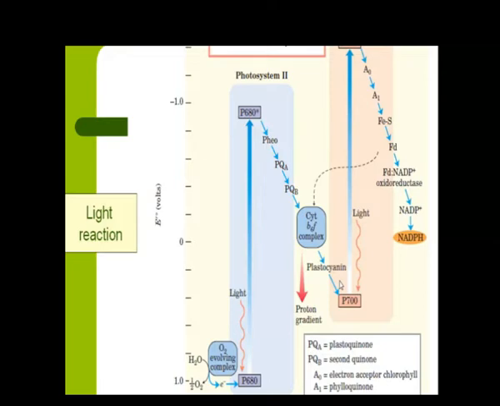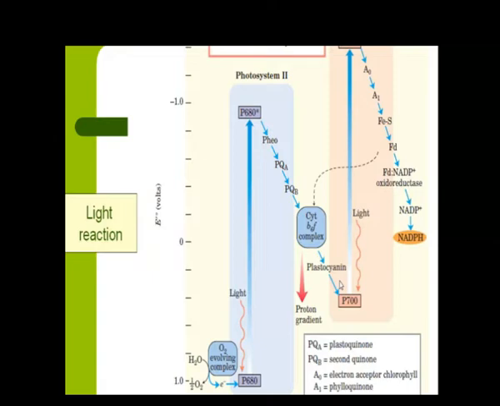When PS1 gets the photons, the light energy, it gets excited. A0 and A1 are nothing but slight modifications of chlorophyll molecules. From there, the electron goes to FeS, iron-sulfur, then ferredoxin, then FD-NADP oxidoreductase, and because this is a reductase, it converts NADP to NADPH. Okay?